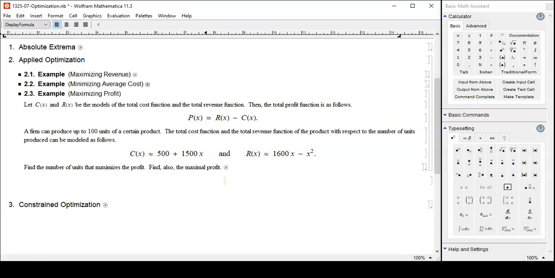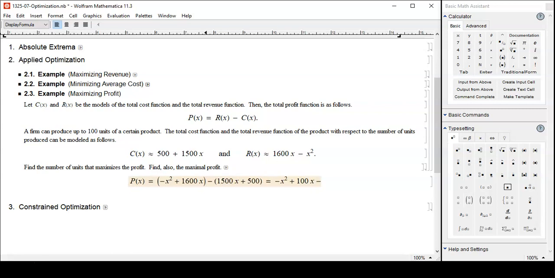Okay, all you have to do is subtract one from the other, right? Revenue minus cost. That's it, isn't it? And subtracting one from the other, I get negative x squared. And then, let's see, 1600 minus 1500, so plus 100x.